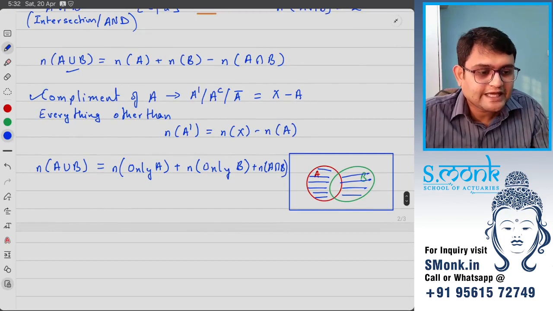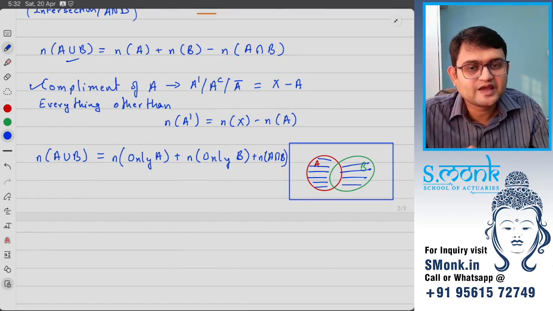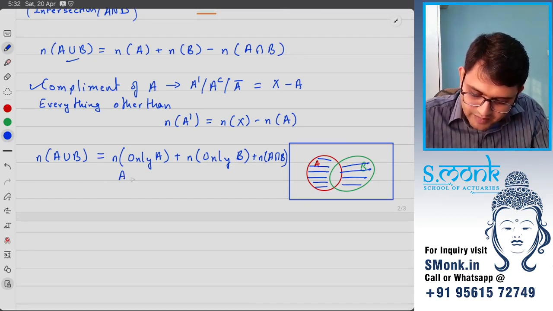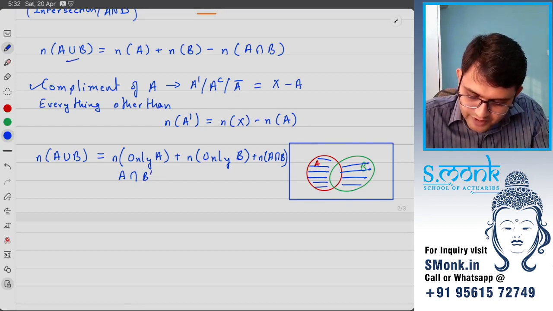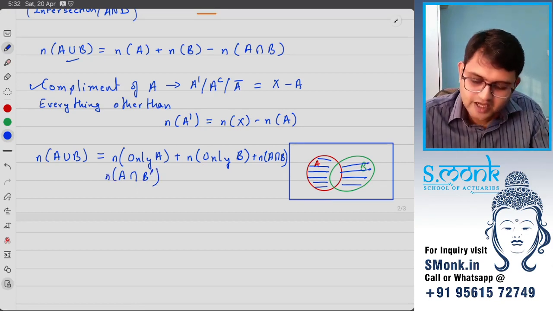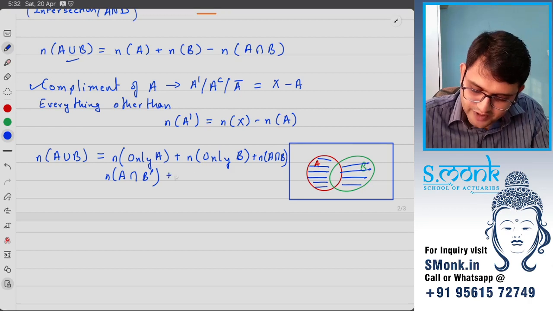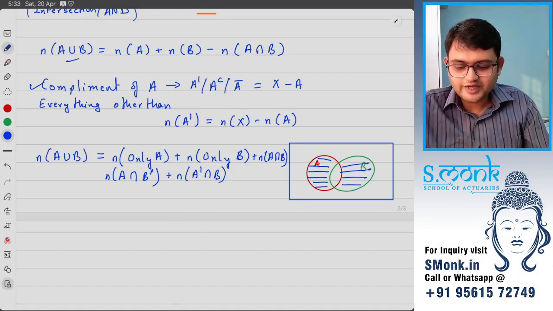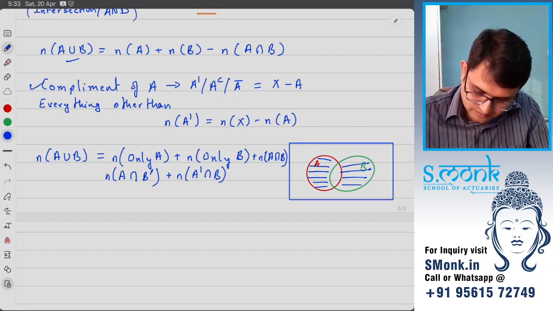So if I am talking about only A, this region contains anything that is in A but not in B. It represents A, and the word "but" is similar to an "and": A and B complement, not in B. So the number of elements in A but not B comes into only A. Similarly, for B, the element is in not A and B. Any element that is not in A but is in B comes into only B. And then A intersection B as it is.